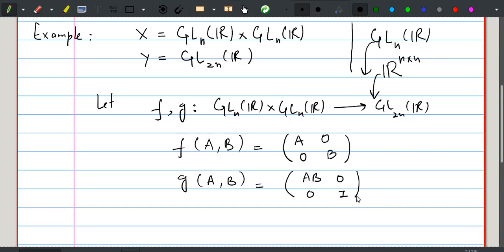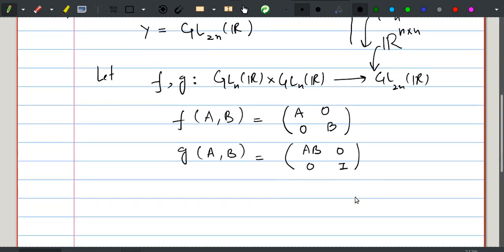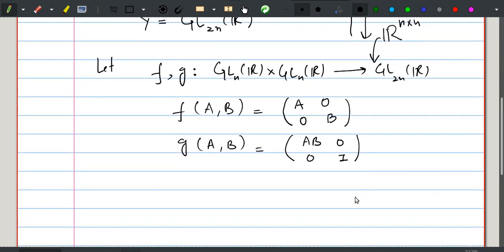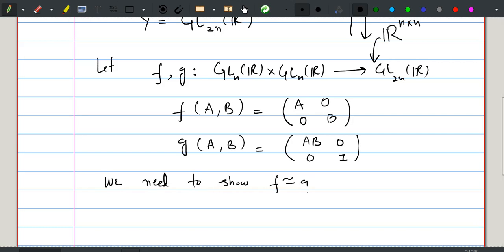So this is a matrix of order 2n. Now what we need to prove, we need to show f is homotopic to g. So we have to cook up a homotopy, say H, which will show that f and g are homotopic.